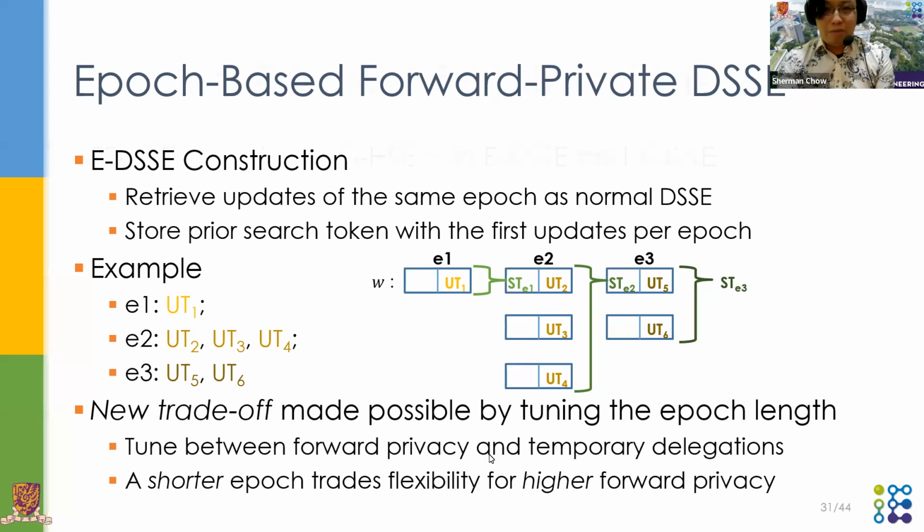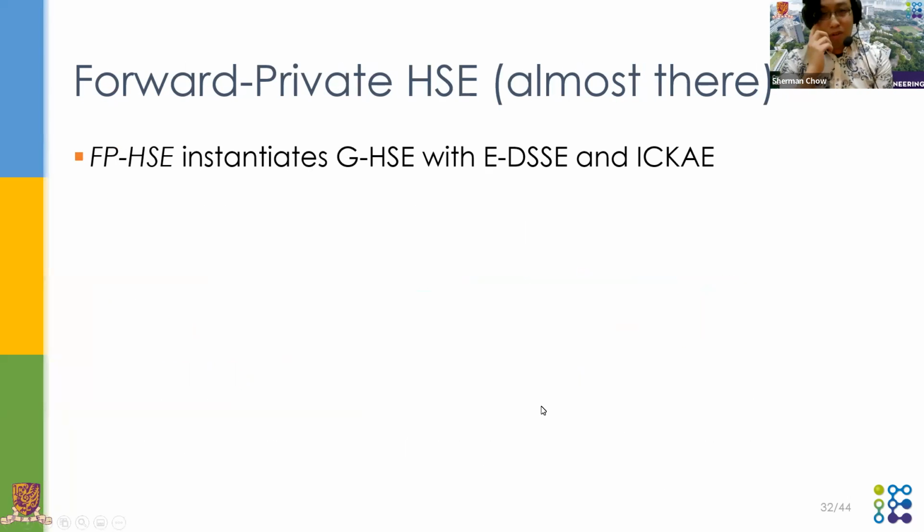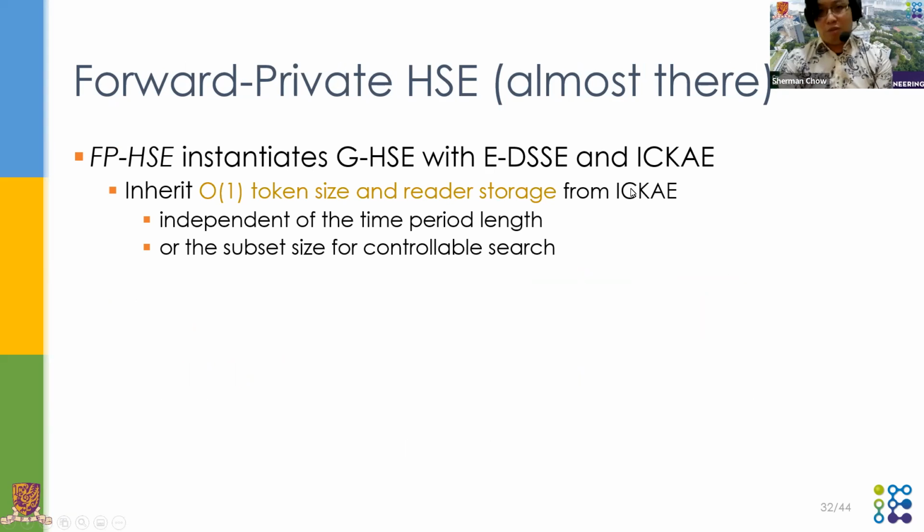Okay, so with that, I'm almost there. For the forward private HSE instantiation, we call it FPHSE. I instantiate the GA construction with our upgraded epoch-based forward private DSSE and the identity-based key-aggregate encryption. So it will inherit the order-one token size and reader storage from IBKAE.